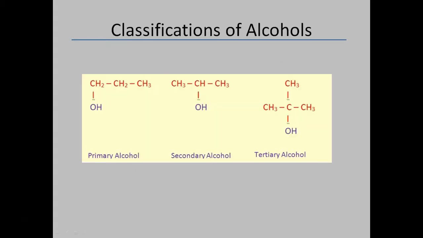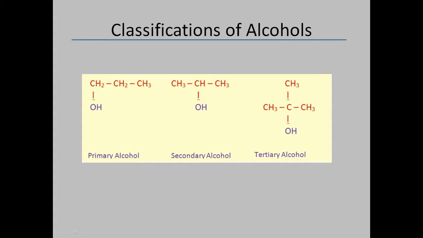Now, our alcohols can be classified as primary, secondary, or tertiary. The classification is based on how many carbons the carbon that the hydroxyl group is bonded to is bonded to. In a primary alcohol, our hydroxyl group is bonded to a carbon that has only one carbon-to-carbon bond. So therefore, it's a primary.